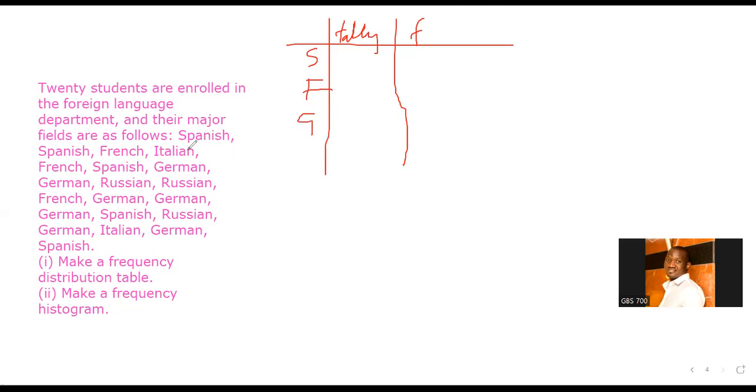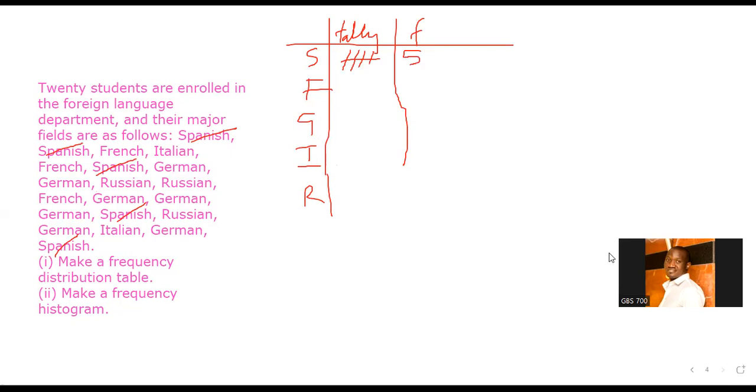What else? Italian. And we have Russian. How many Spanish do we have? We can cross out 1, 2, 3, 4, 5. So this is how we do the tally. 1, 2, 3, 4, 5. This means it is 5.